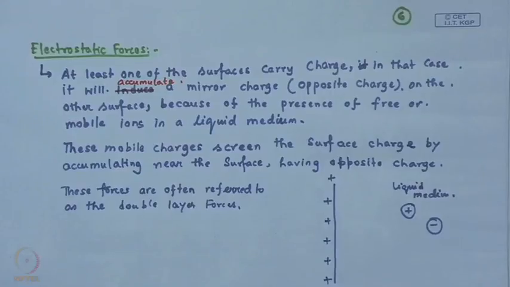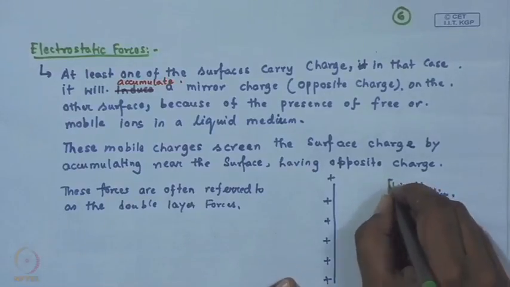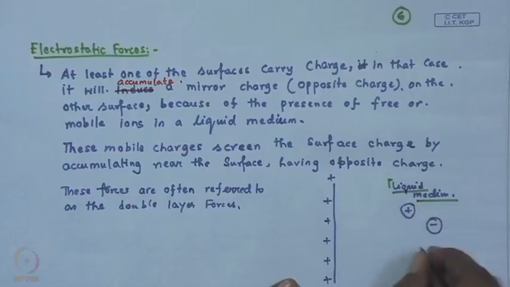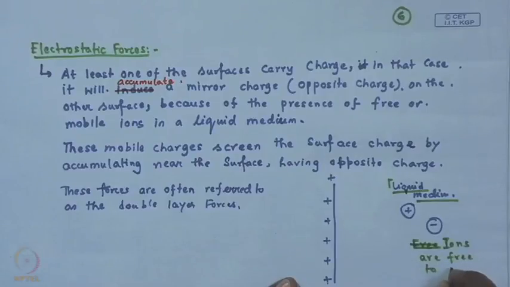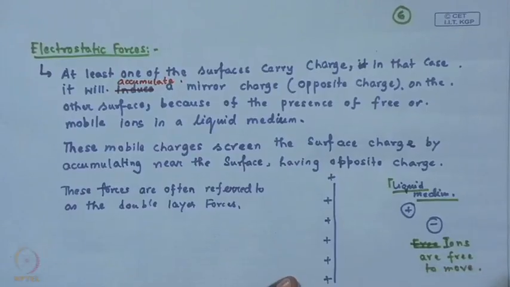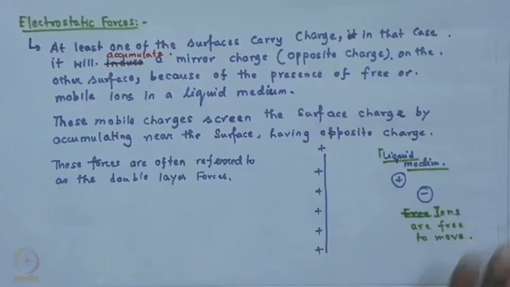The first important thing is there is a liquid medium, so these ions are free to move, and as a consequence they are free to orient or position themselves.